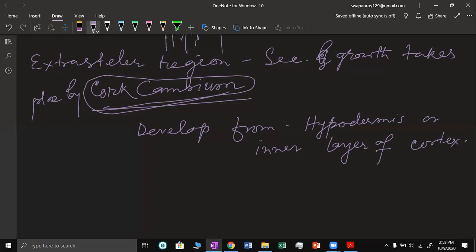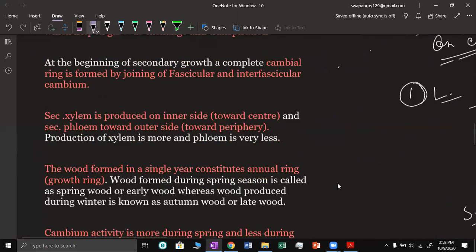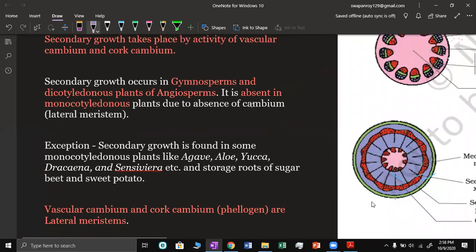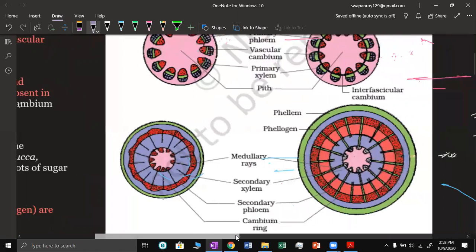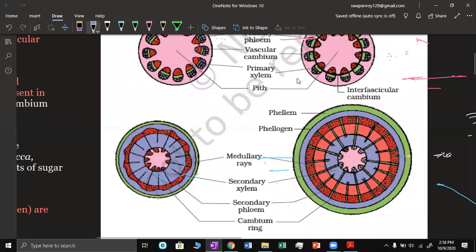So the parenchyma or the collenchyma tissue present in the hypodermal region converts into meristematic tissue and forms the cork cambium.